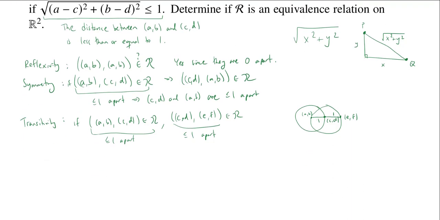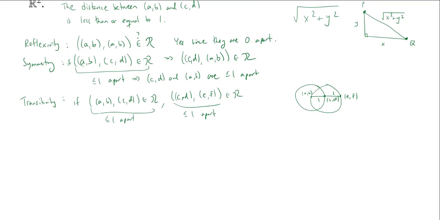So in fact, what I can do is write down an explicit example of this. Okay, so I'm going to take AB to be (0, 0). And I'll take CD to be, well, let's just move over 1 to (1, 0). They are exactly 1 apart, so that pair is in R. But now also, if I take (1, 0), and we'll just move 1 over to the right, and (2, 0), they are also 1 apart, and so that pair is in R. But if I look at (0, 0) and (2, 0), those are 2 apart.